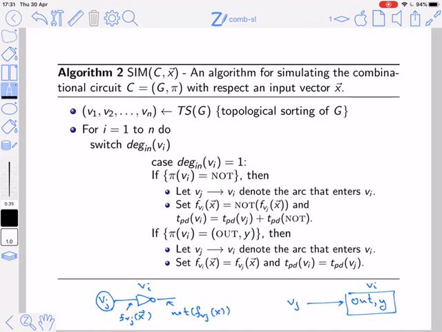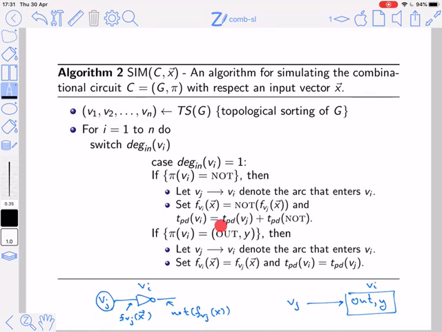And what will be the value of the output of the inverter? It will be the negation of fVj of x. So we set fVi of x to be the negation of fVj of x. When will this output be valid? Well, we take the time in which this input becomes valid, this is TPD of Vj, and we add to it the local delay of the inverter, and therefore Vi will become valid at time t1 plus TPD of Vi.